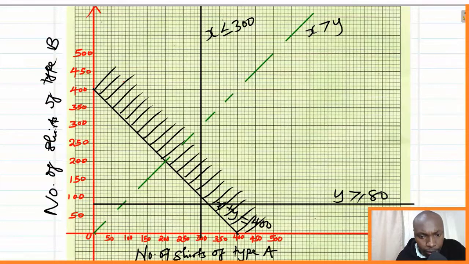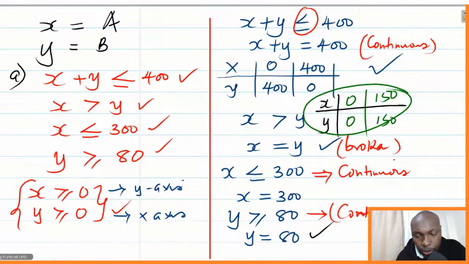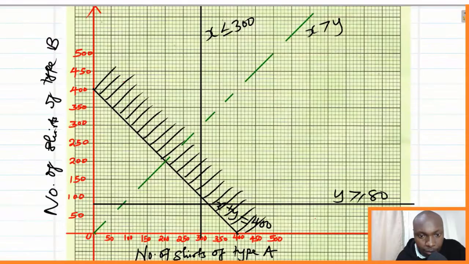Now let me go to the other line. The other line is x is greater than y. So x is greater than y is this line. I want to know whether I'm going to shade this side or this side.